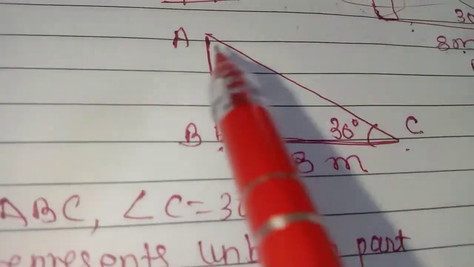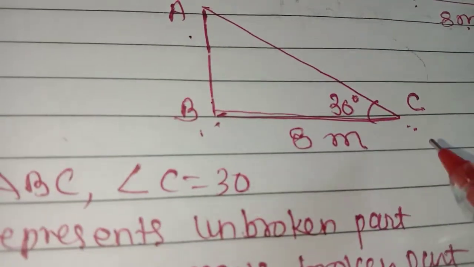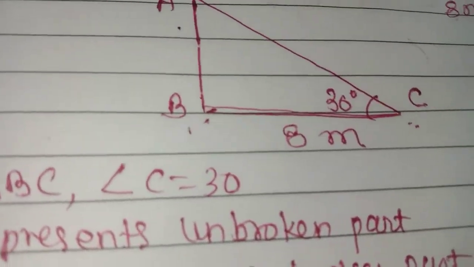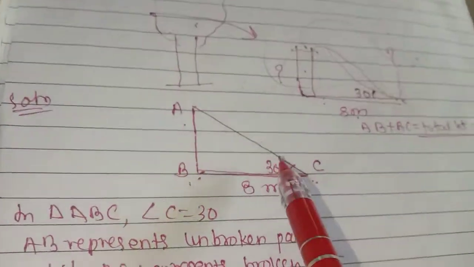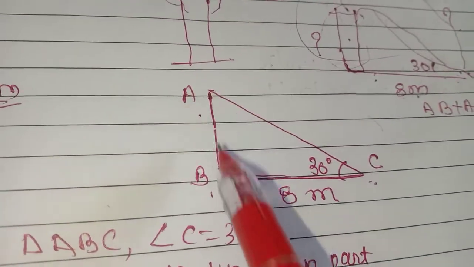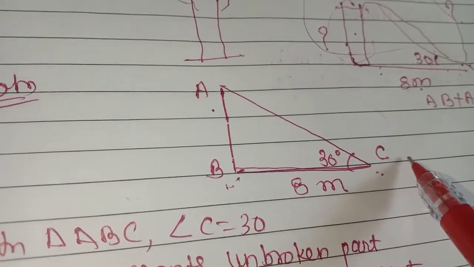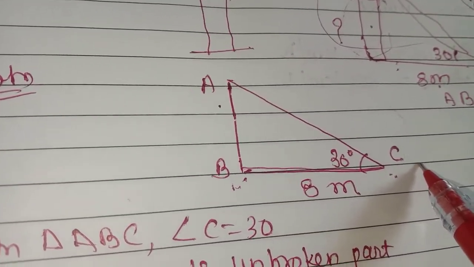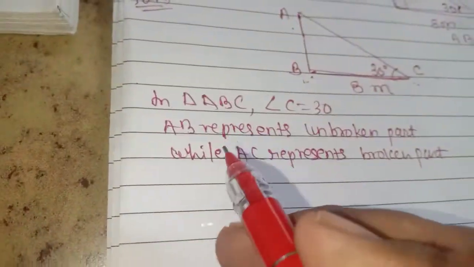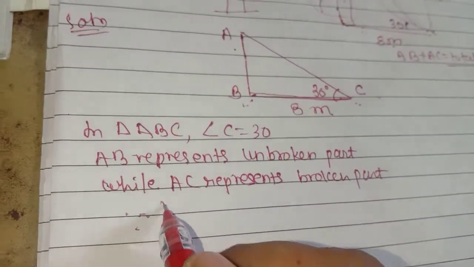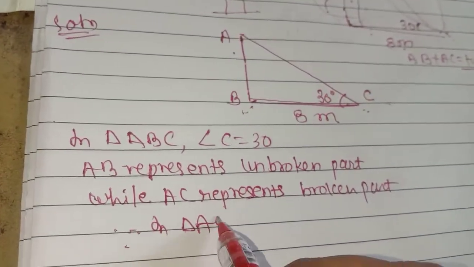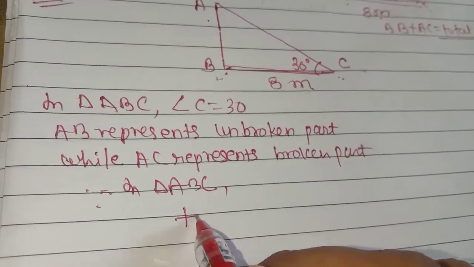So the sum of AB and AC will give us the total length of the tree. So we will start to solve for the values of AB and AC. So first of all, I am going to select tan 30. I will write here, since in triangle ABC, tan 30.